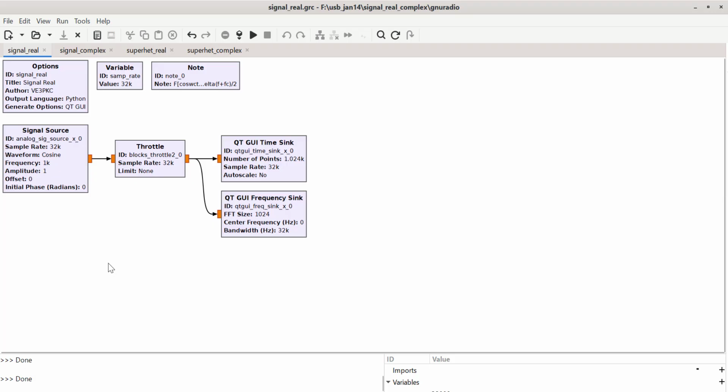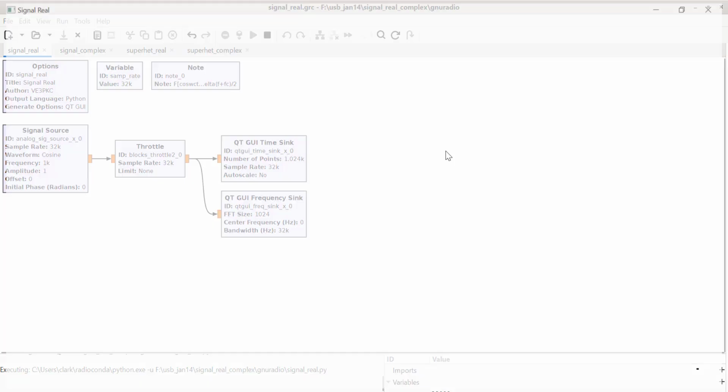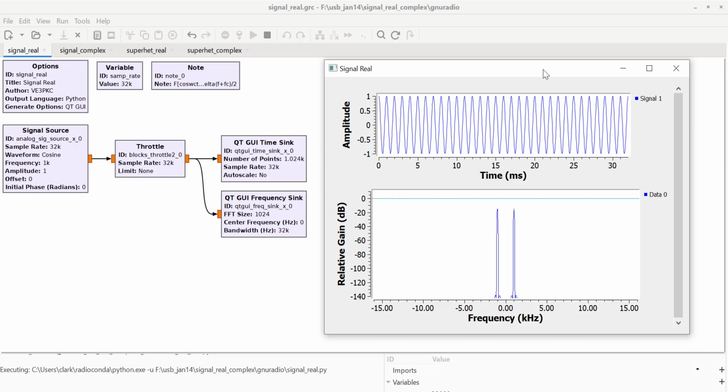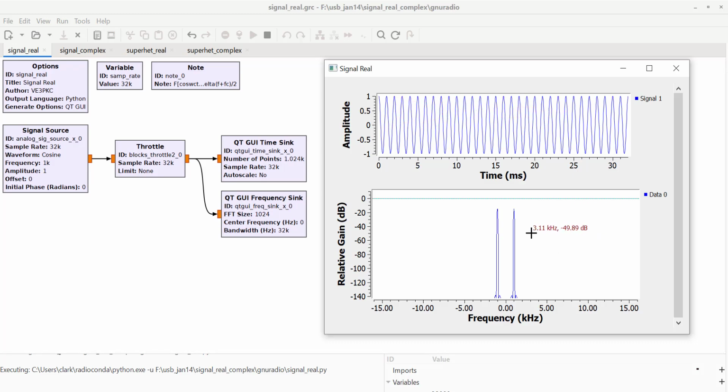So here's a schematic showing how you can generate a cosine wave. This is a real cosine wave. So what we see there's your cosine signal. And in the frequency domain, since it's a real signal, you get two components. You get one at 1 kilohertz, and you get the minus 1 kilohertz as well.